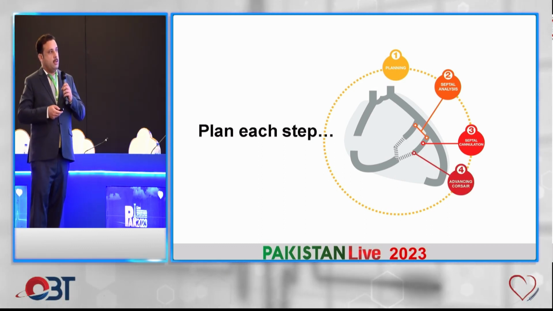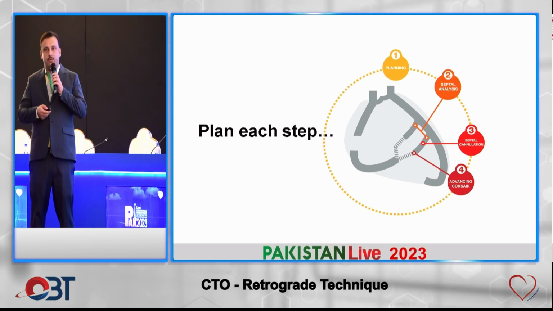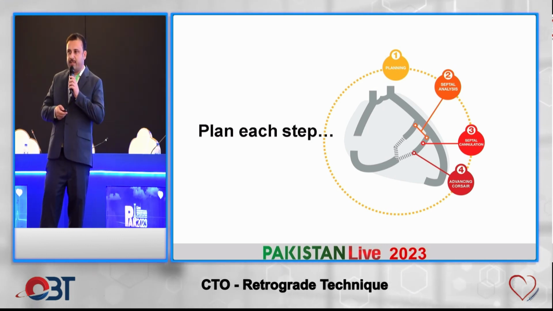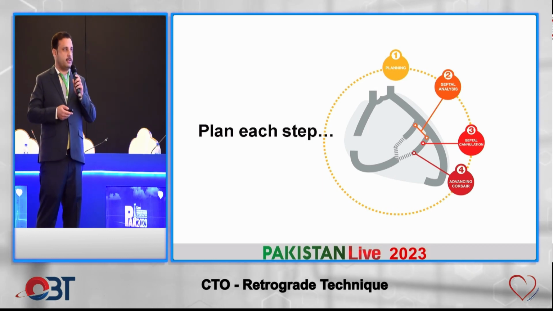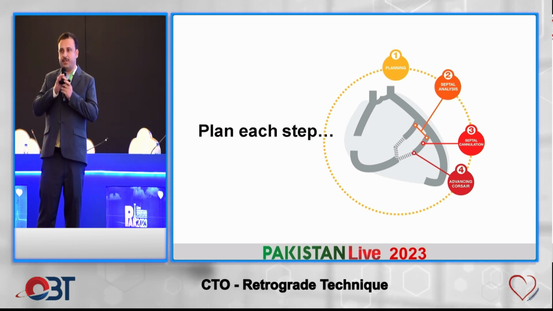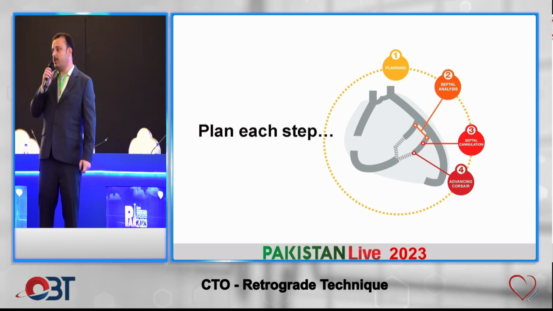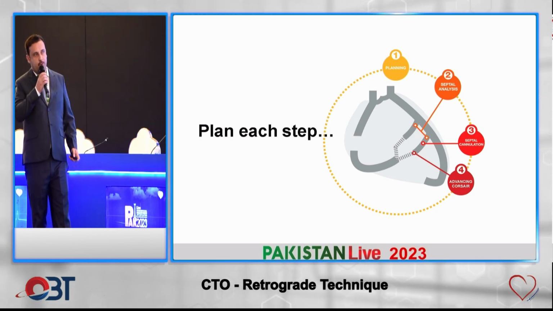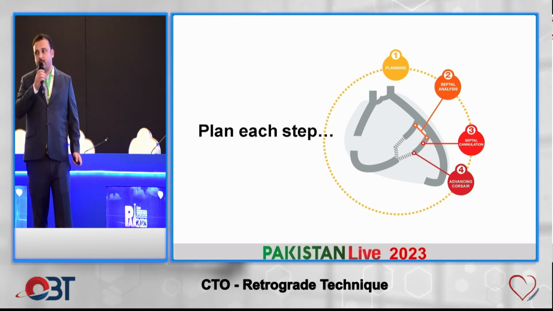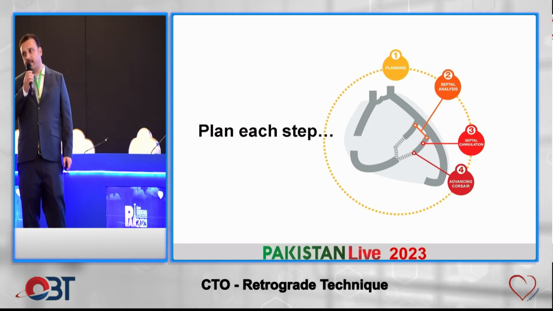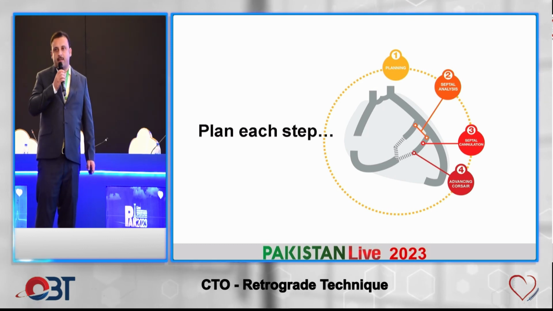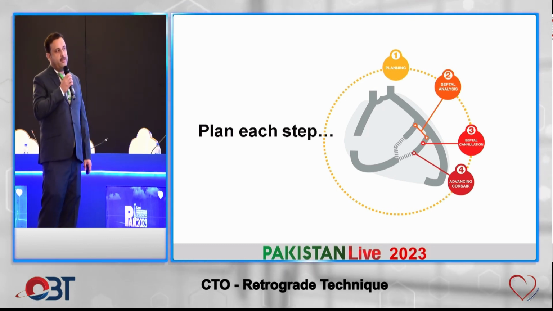Before starting the retrograde, the first and most important thing is the choice of the guiding sheaths and the guiding catheters. Usually we should take a longer sheath, like 35 centimeter or 45 centimeter, for maximum support. For retrograde, the guiding catheter should be at least 7 or 8 French. On the left, it is EBU 3.5 or 3.75.